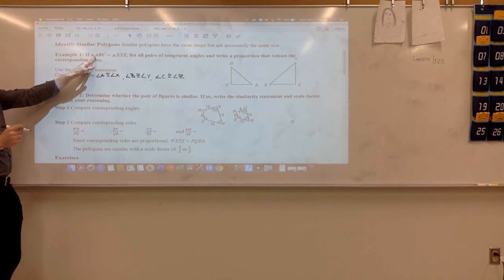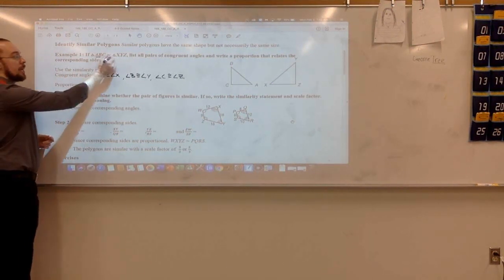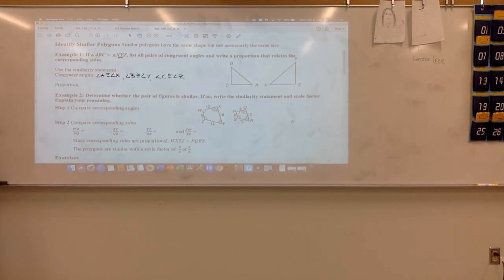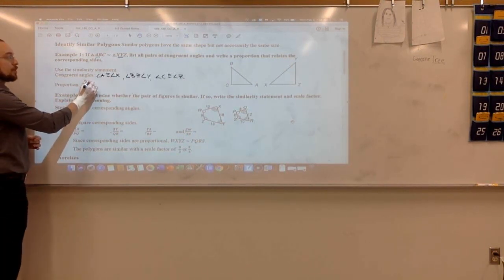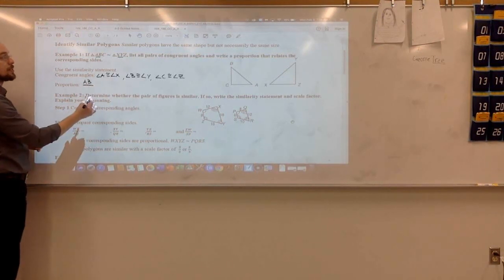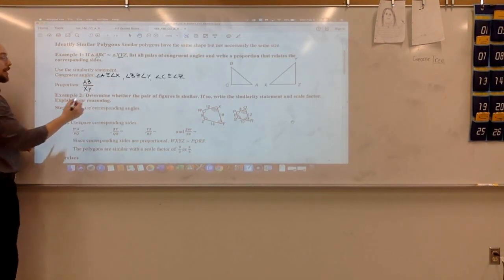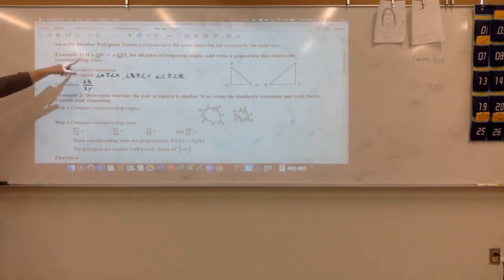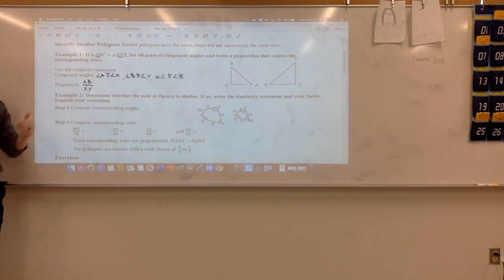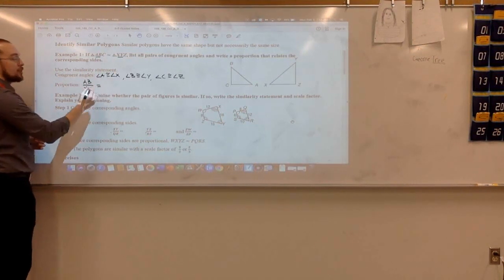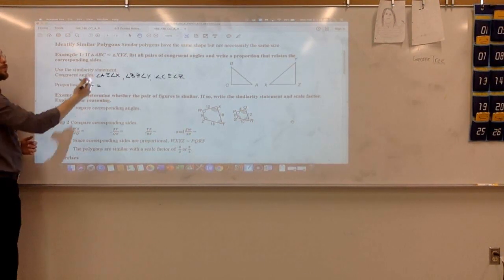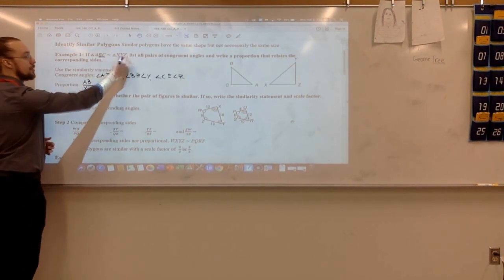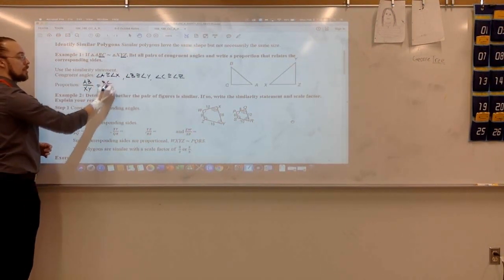If I look at my statement, AB matches up with XY, that means they're going to be proportional to the other sets of sides. So what I can say is AB over XY, matching up corresponding sides and writing it as a fraction. That fraction is equal to another pair of corresponding sides, BC over YZ.